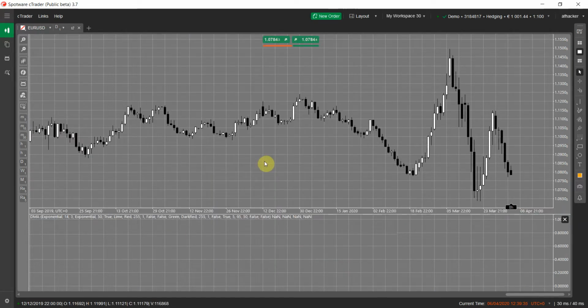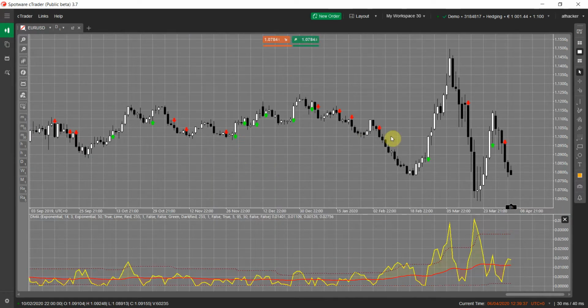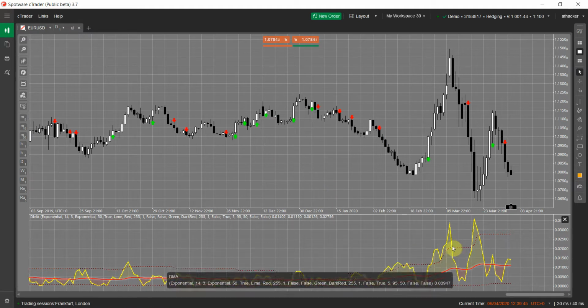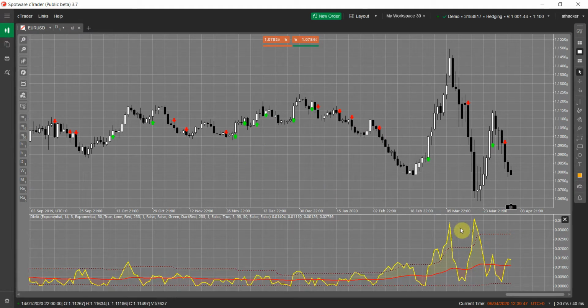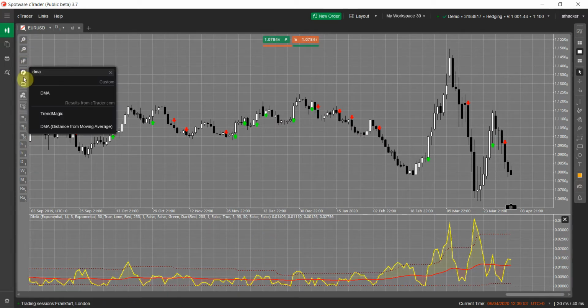As you can see, when you first attach the indicator on your chart, it will come up like this. You will see these signal arrows, and the indicator itself is on a separate window here. Let me zoom a little bit.